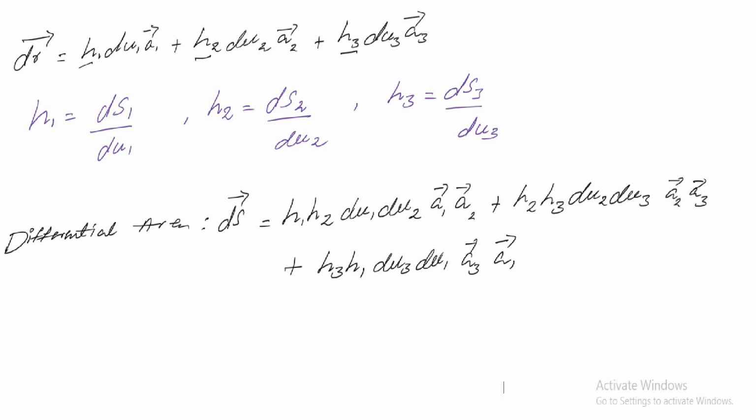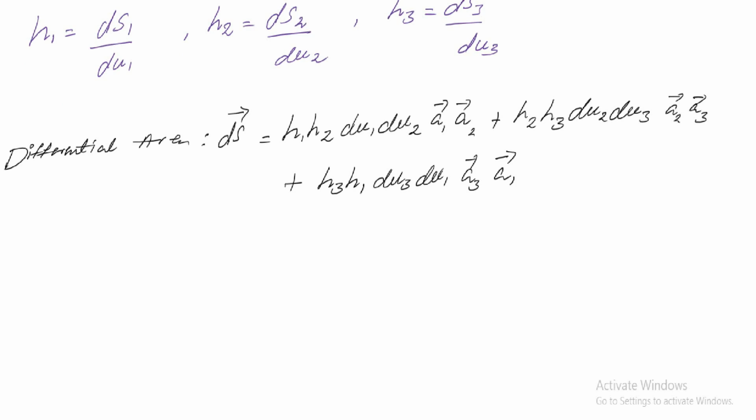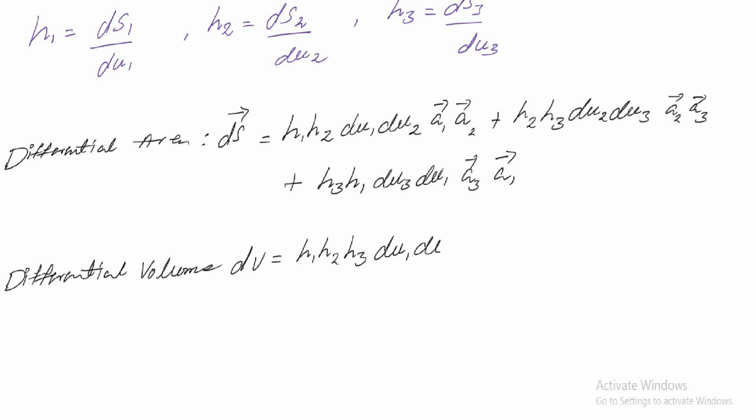Similarly, the differential volume for this curvilinear coordinate system is given as dV = h1 h2 h3 du1 du2 du3.